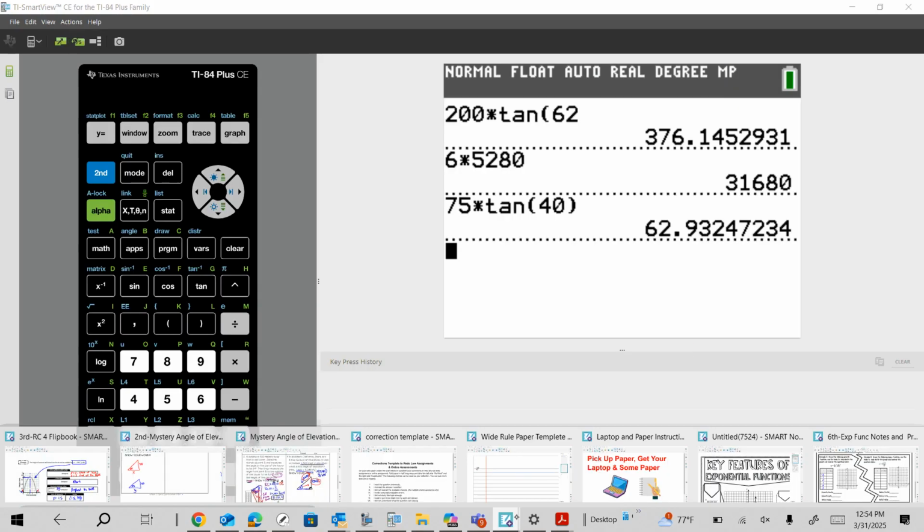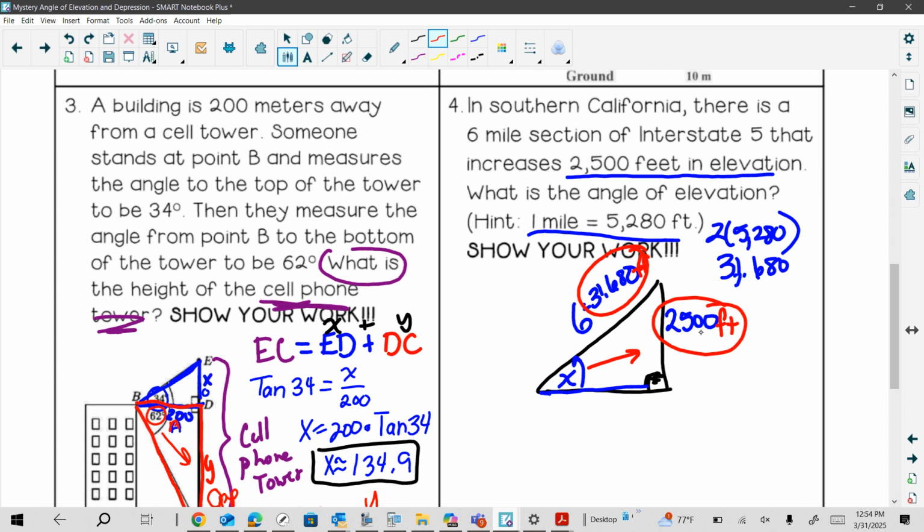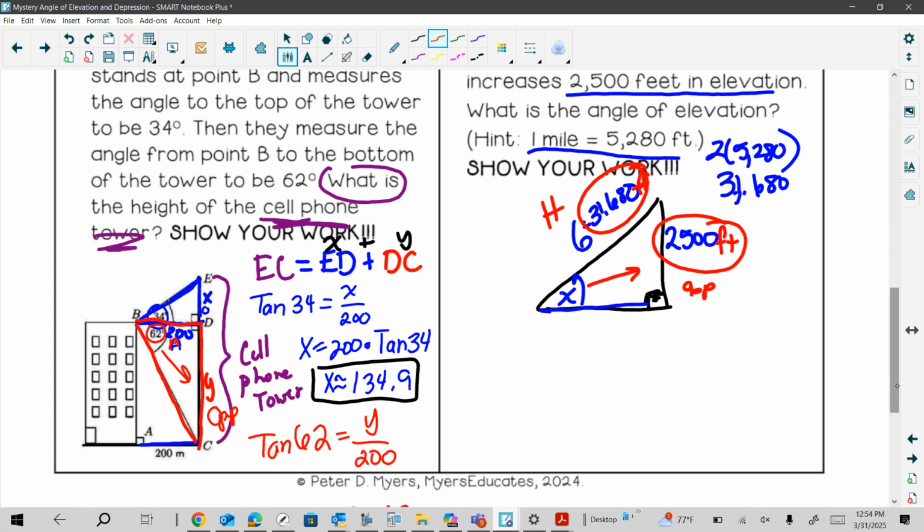So if I look across the angle, the 2,500 feet is your opposite, and this is your hypotenuse. Yes, it is sine. X is equal to the sine inverse of 2,500 over 31,680.